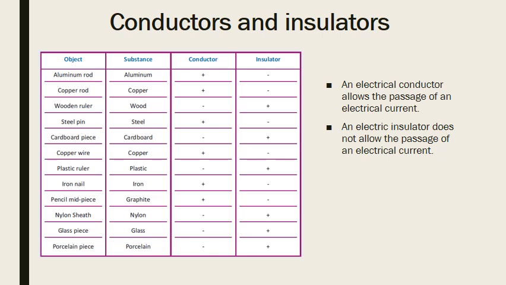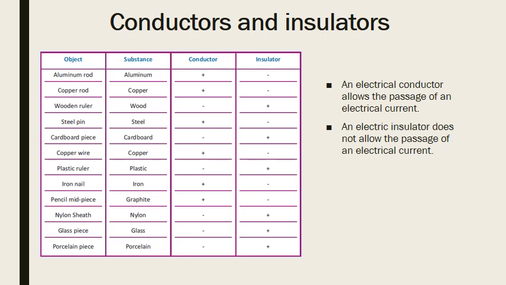Therefore, if we have a circuit containing, for example, copper, which is a conductor, the lamp or the motor or any component that we have there will work. So the lamp will glow, the motor will work because it conducts electricity. While an electric insulator does not allow the passage of an electrical current.